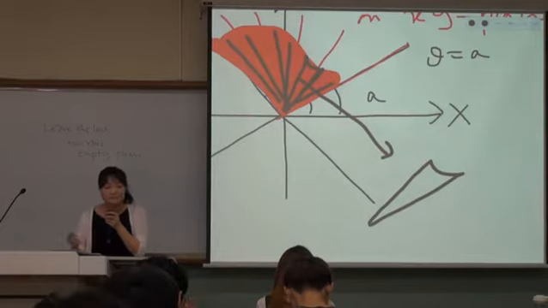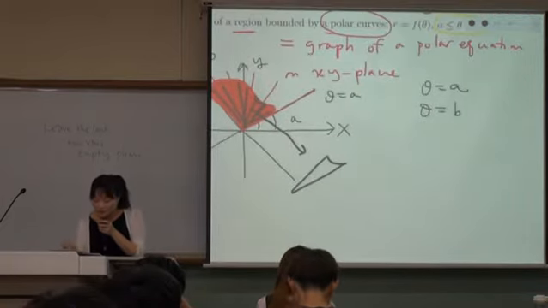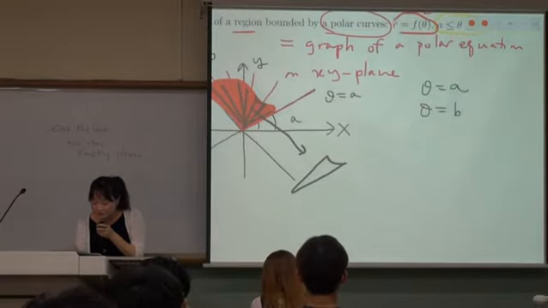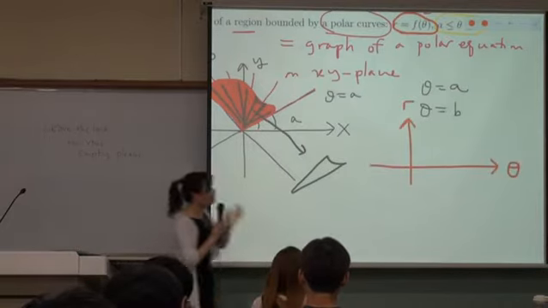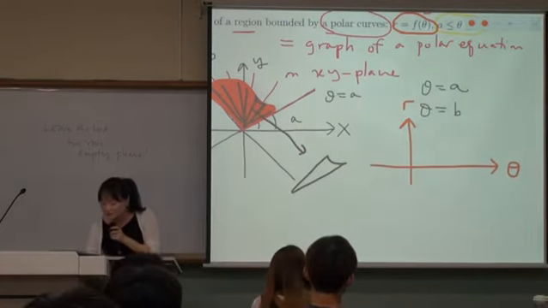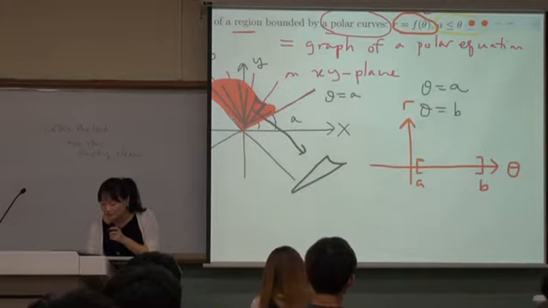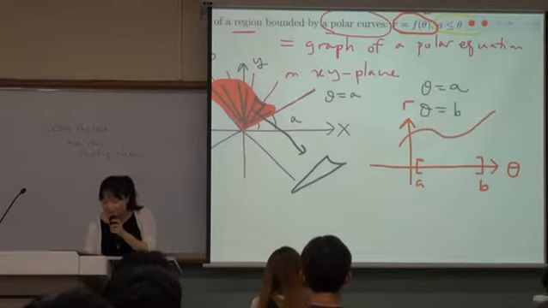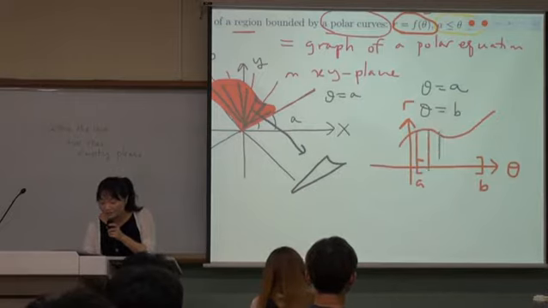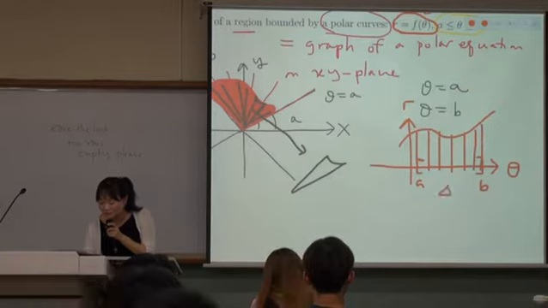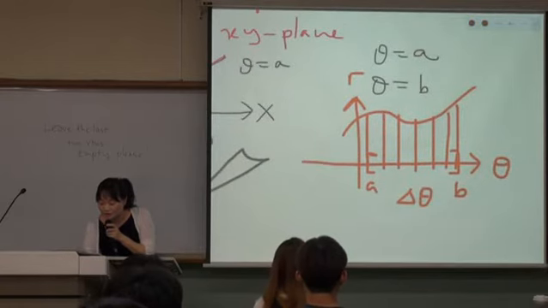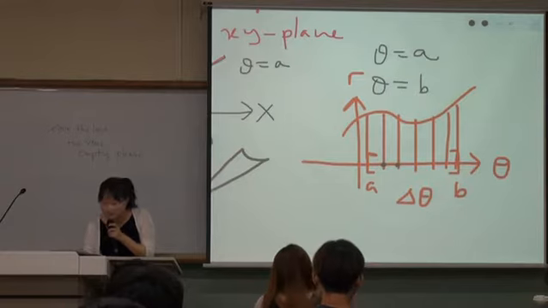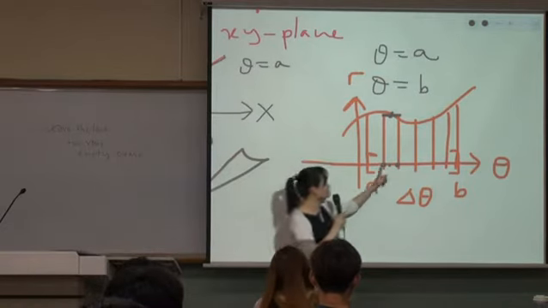If you recall calculus 1, if r equals f of theta, then r is a function of theta, with theta from A to B. In calculus 1, you divided this into equal sections and chose either the left endpoint, right endpoint, or a middle point, and you took this sample height and assumed that the rectangle has the same height throughout that subinterval.